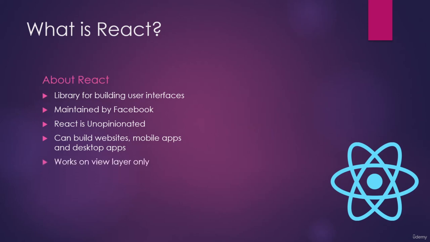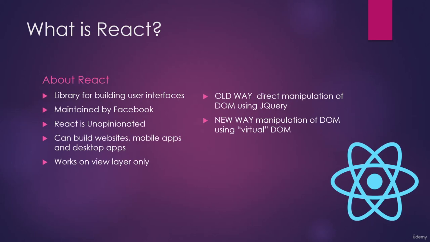And React works on the view layer only. In the past, developers would manipulate the HTML elements in the DOM using the popular library called jQuery, which has been around for a good number of years. So this is the old way of doing it because we are directly manipulating the DOM. And now the new way.